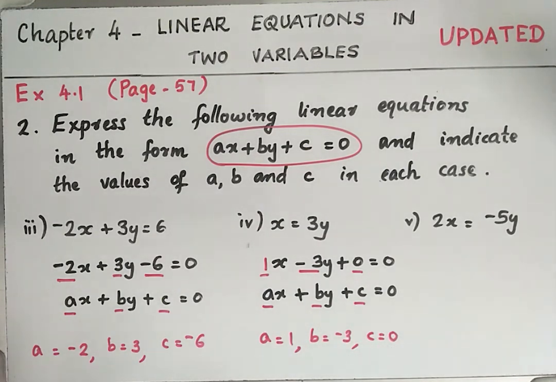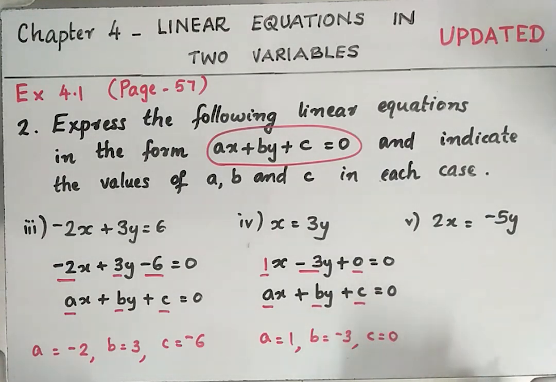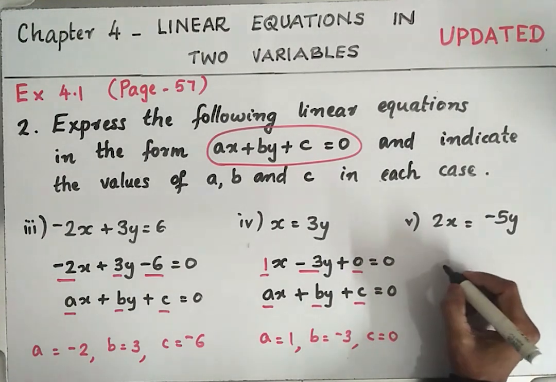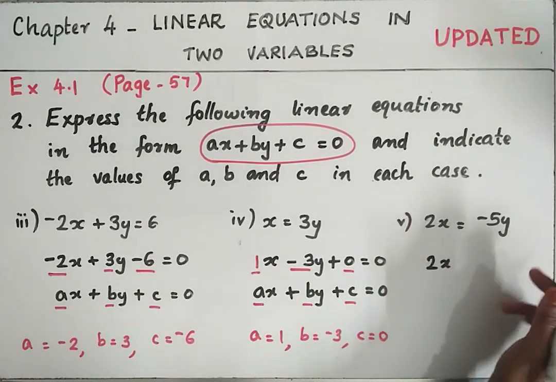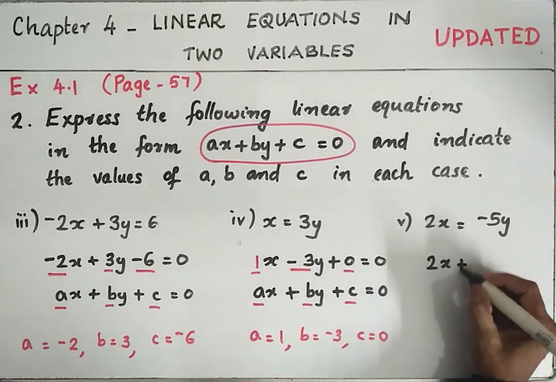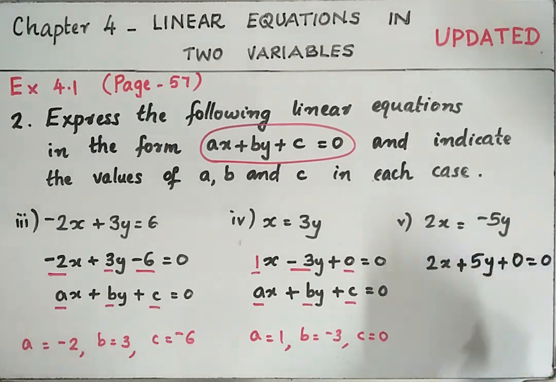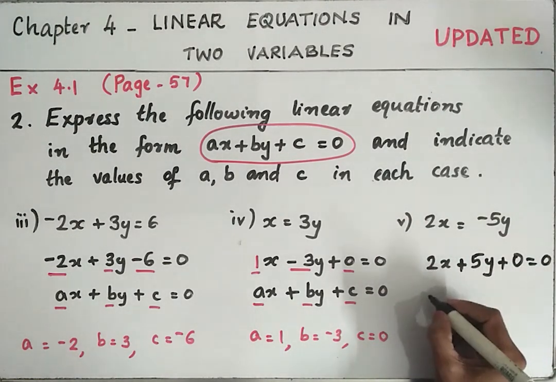Moving to the next one, here also the x term is on the left side of the equal to sign and y term is on the right side of the equal to sign. So we can rearrange it as 2x and minus 5y. After changing the position, it will be plus 5y plus 0 equal to 0 because the constant term is not there.